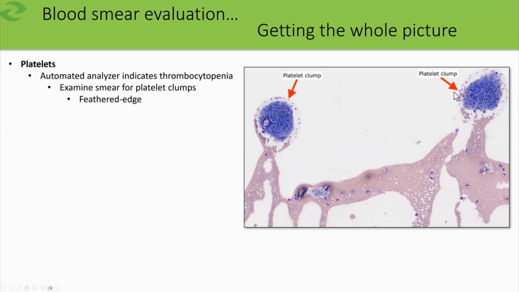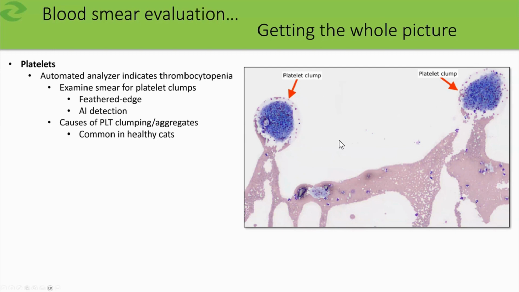And when you get these big platelet clumps, it's really hard to do a platelet estimate and get an accurate one. There is AI detection, or deep learning, that can detect these platelet clumps along the feathered edge. Think about causes of platelet clumping and aggregate formation. It's common in healthy cats, especially at the feathered edge, and especially in a fractious cat with difficult venipuncture.